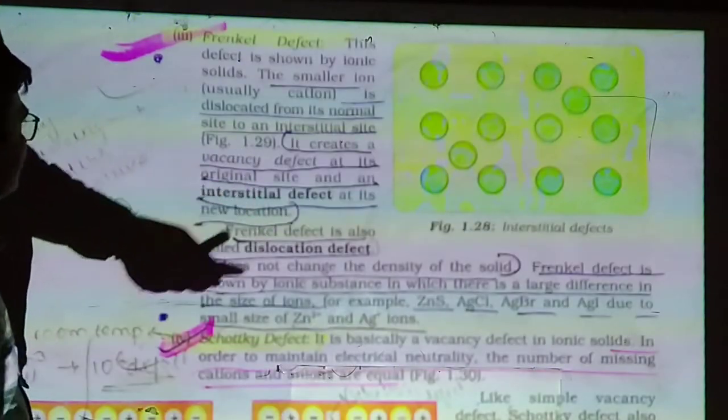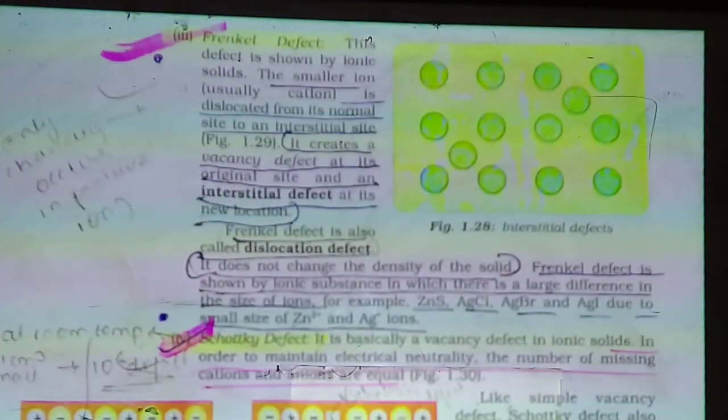Now, Frenkel defect. This defect occurs only in an ionic solid. A smaller ion, usually the cation, is dislocated from its normal site to an interstitial site.